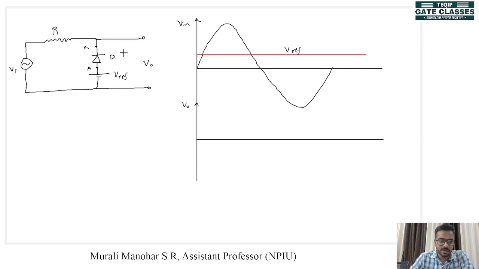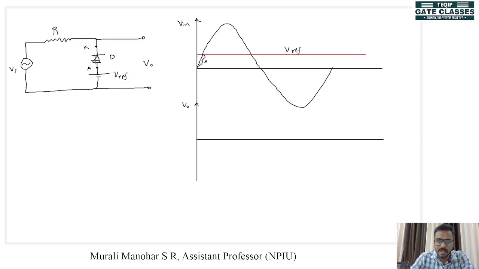Sorry, what will be the condition of the diode? Anode voltage is greater than the cathode voltage, that is from this point to this point. This is anode voltage changing. So from this point to this point, cathode voltage is less than anode voltage. So when cathode voltage is less than anode voltage, what happened to the circuit?